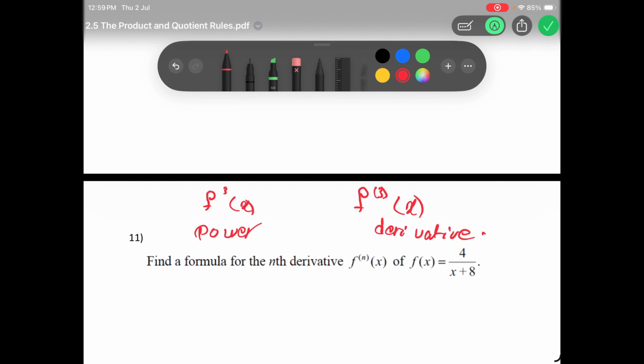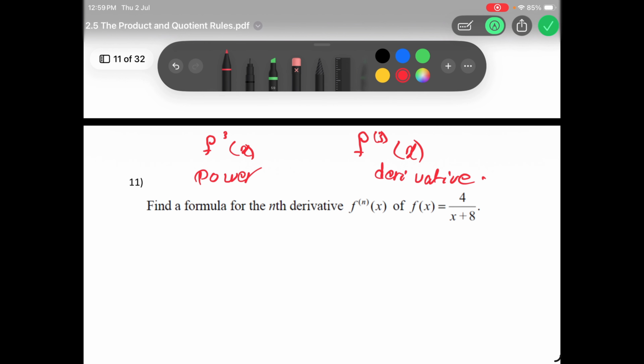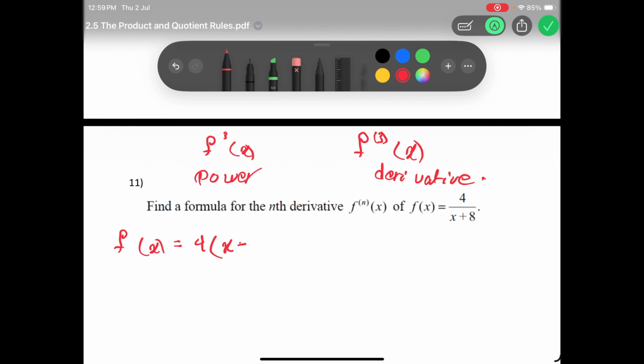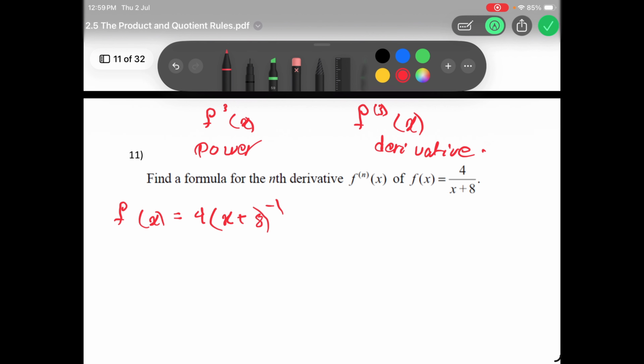So here, guys, what we will do, we will look for a pattern. So I prefer to write f of x like that. f of x equals 4 times x plus 8 to the power of -1, and I will use what we call the chain rule.